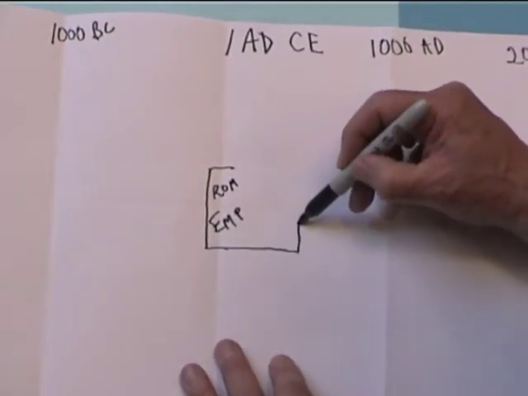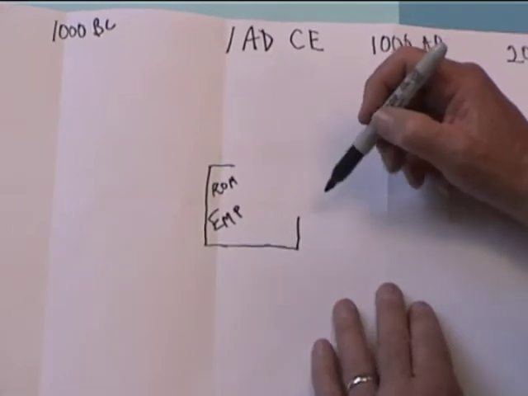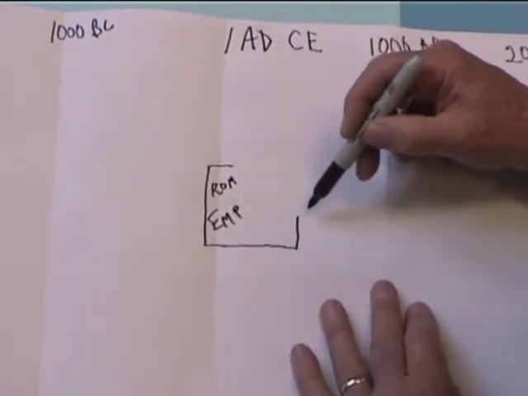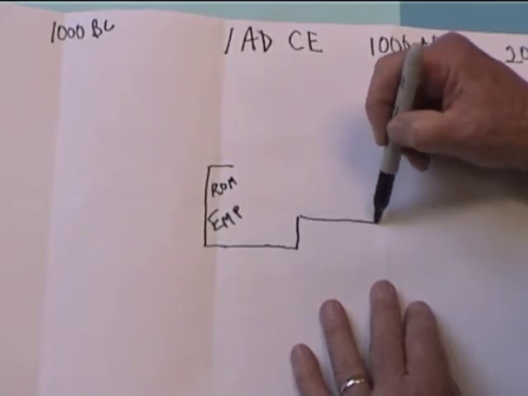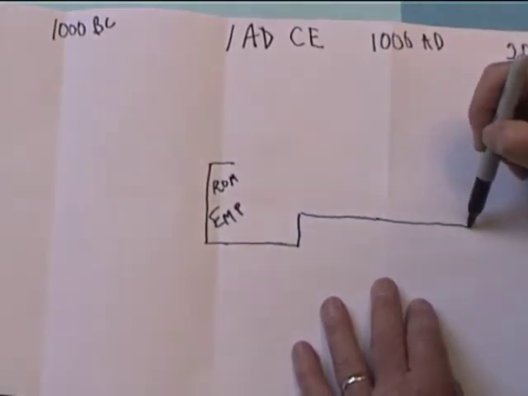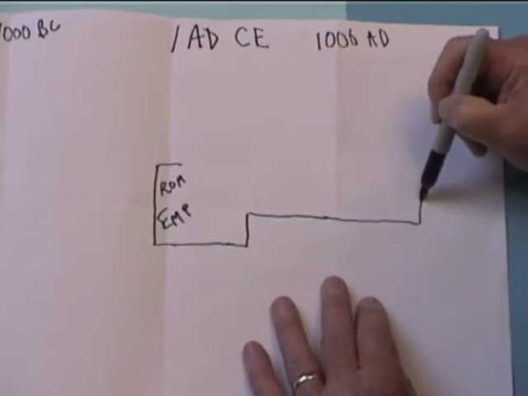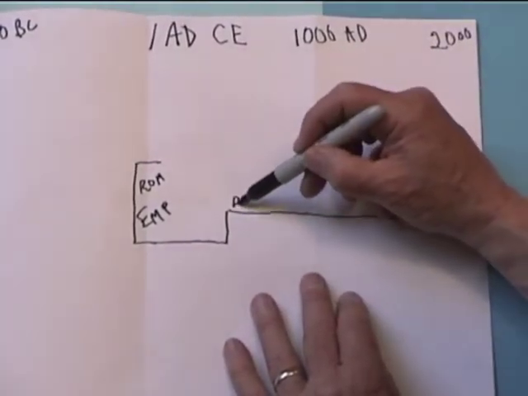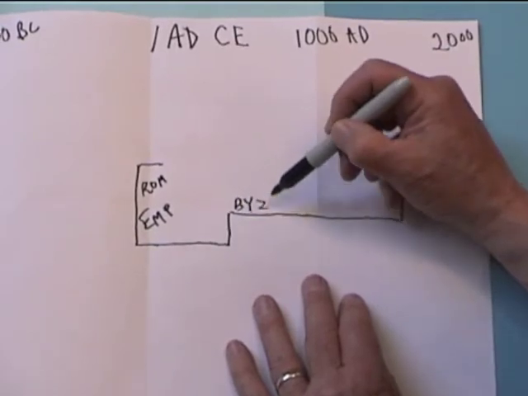In 476 it was taken over, destroyed by the invading Germanic tribes, but the eastern part of the Roman Empire continued for another 1,000 years, and just before 1500 it finally ended. During that time we call it the Byzantine Empire.